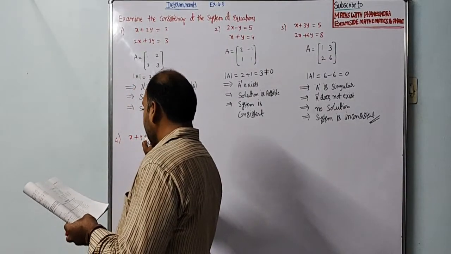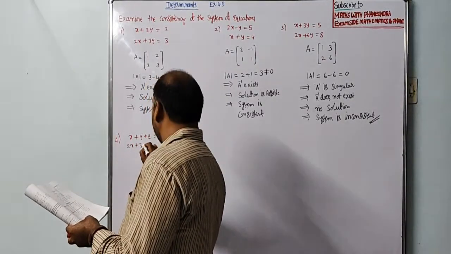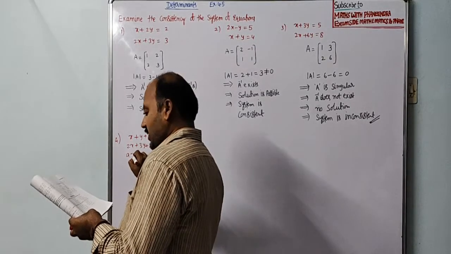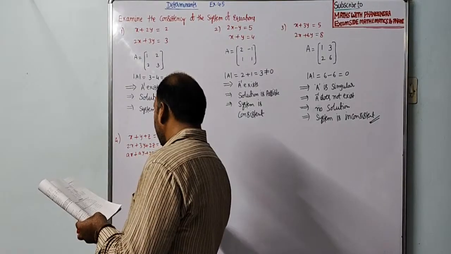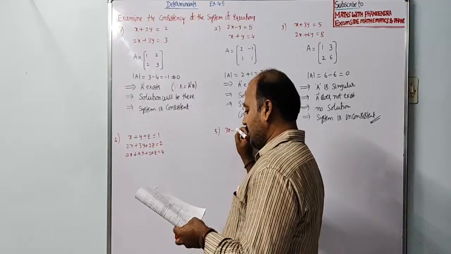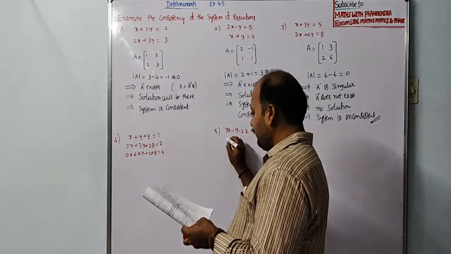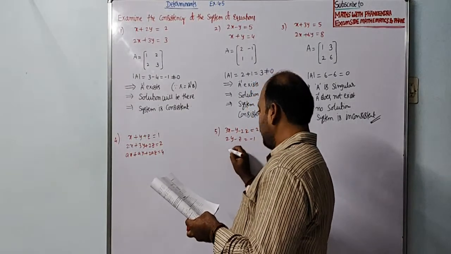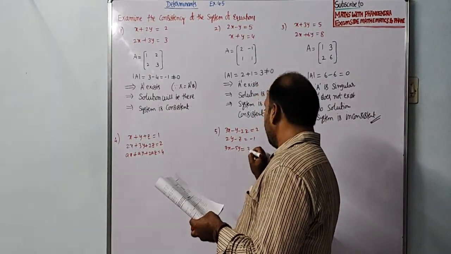x plus y plus z is equal to 1. 2x plus 3y plus 2z is equal to 2. ax plus ay plus 2az is equal to 4. Next, question number 5: 3x minus y minus 2z equal to 2, 2y minus z is equal to minus 1, 3x minus 5y equal to 3.